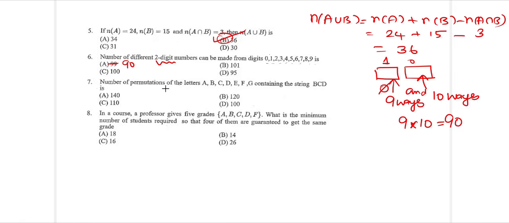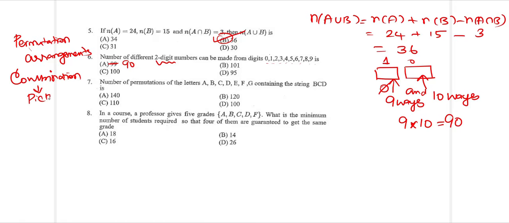Next, the number of permutations of the letters. There are going to be two things. One is permutation, the other one is combination. What is the difference between permutation and what is meant by combination? Permutation means arrangements and combination means picking.